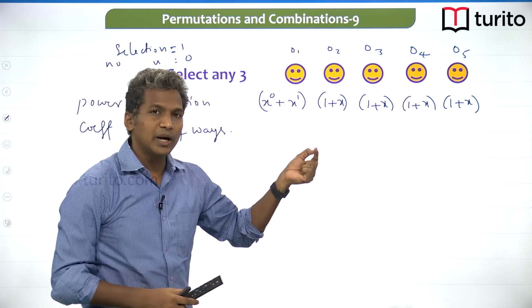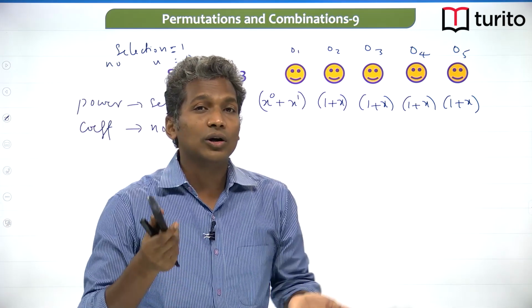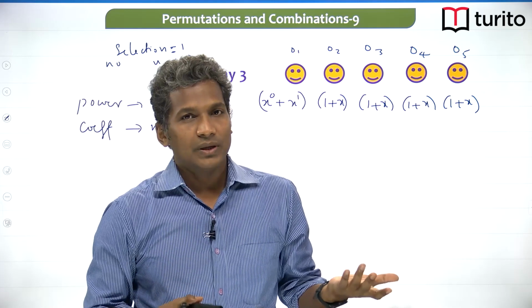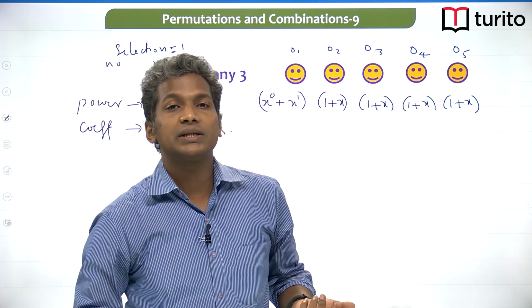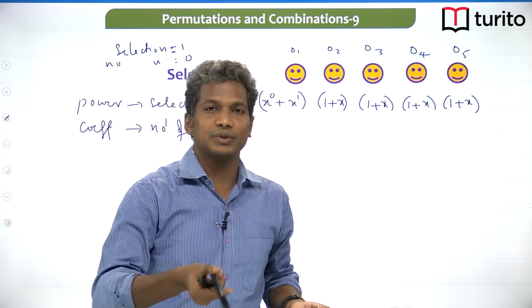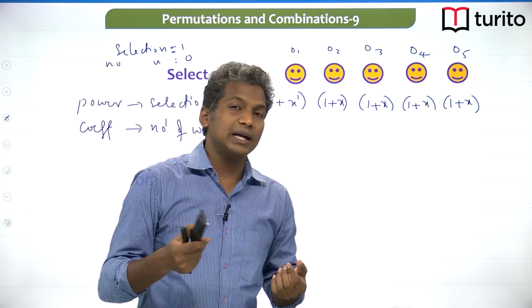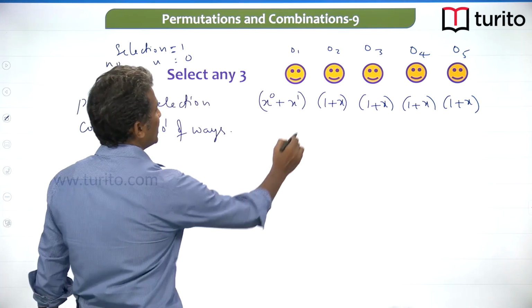Are we going to multiply them? For that you have to check whether all of them have a choice or not. The first object's choice and the second object's choice do not affect each other, they are independent events, so we multiply them.